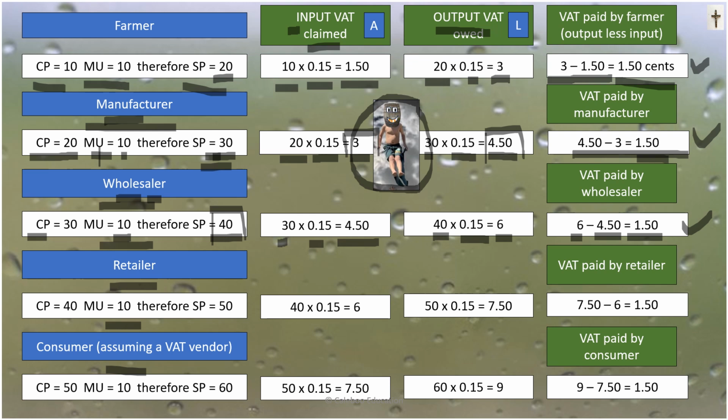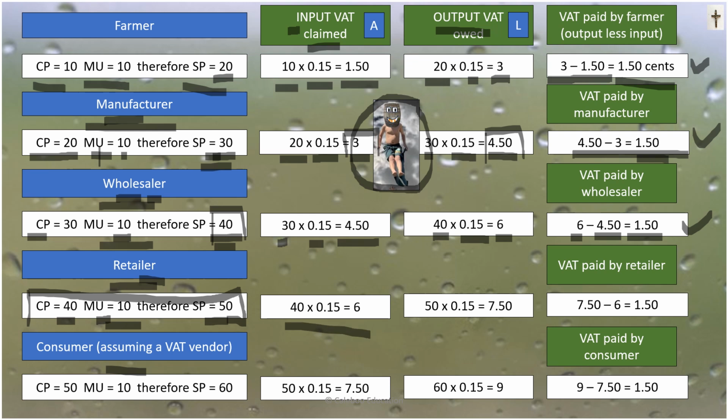Right, the retailer gets from the wholesaler the product, cost price 40, add a 10 Rand markup, selling price 50. Remember, these numbers exclude VAT.